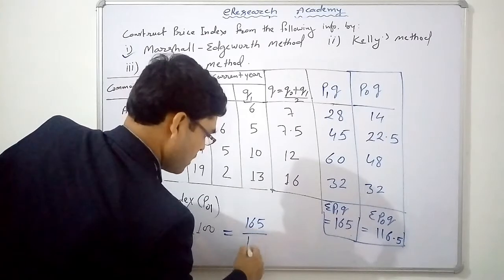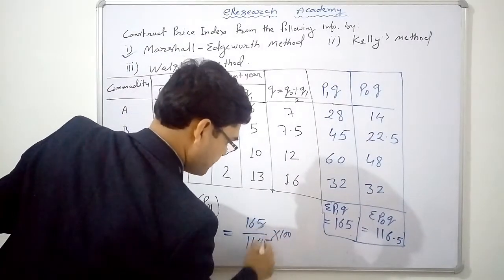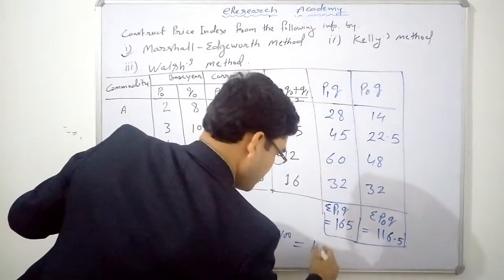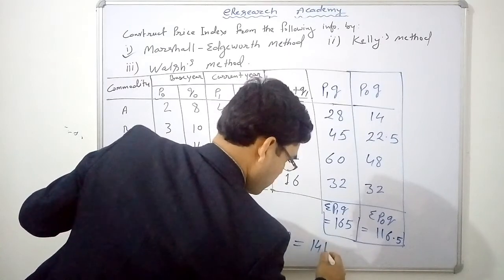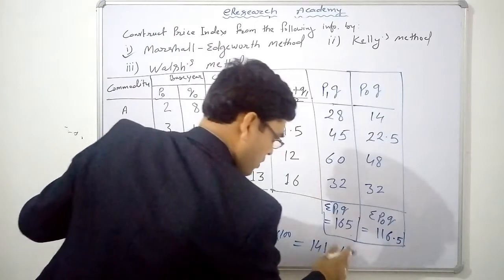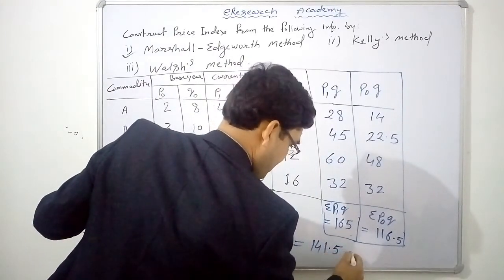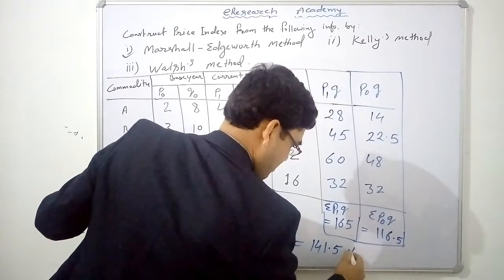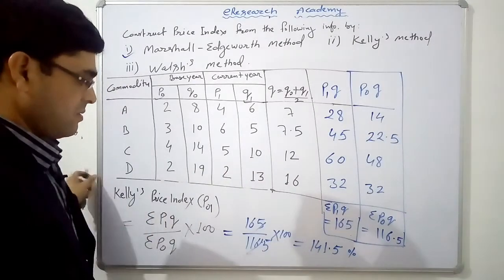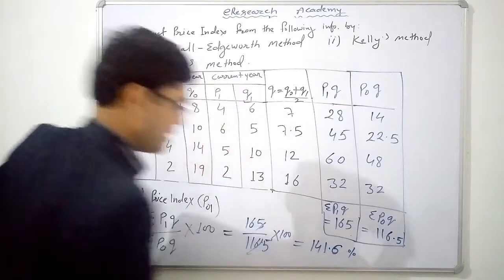165 by 116.5 into 100. So this will give us the answer as 141.5, approximately 141.6%.